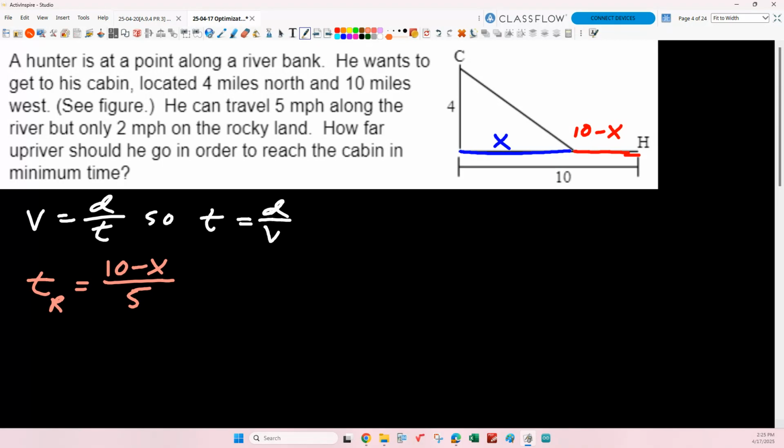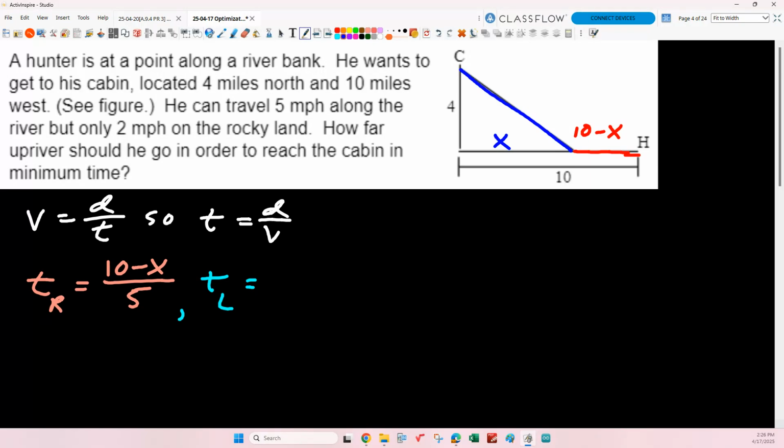Okay, what's going to be the time along the land? He's not walking x though, is he? How far is he actually walking? It's the hypotenuse, isn't it? Right? So we need to know this, actually, I probably should do this. So this is the distance he's covering.